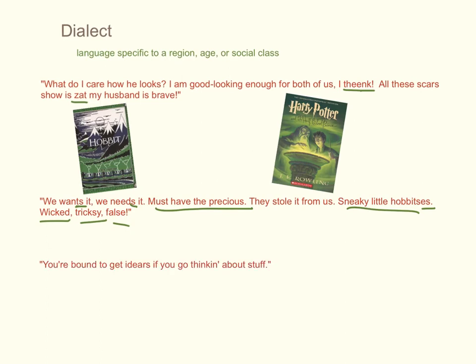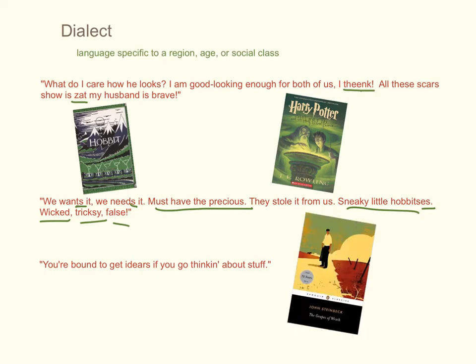And our third and final example here for dialect is from my favorite author, and the only American author I included in these examples. He's one of my favorites because he writes American characters so realistically and always kind of about the American dream and whether it's attainable or not, and I kind of like that stuff.